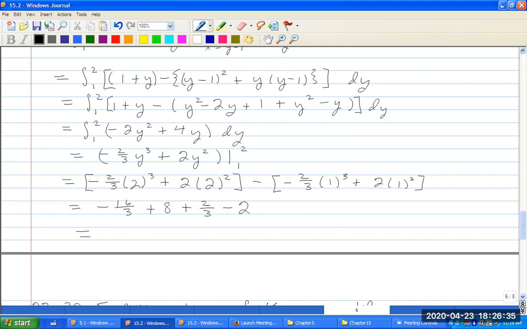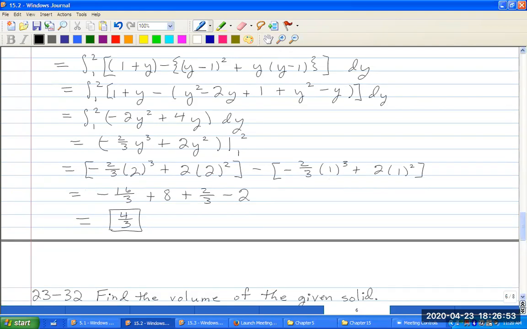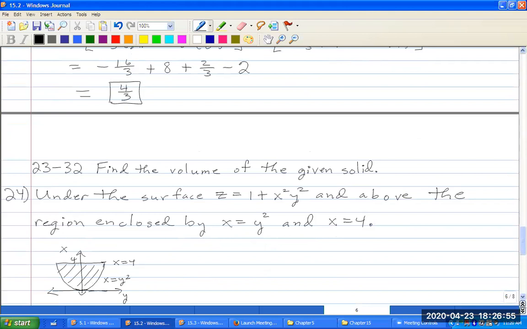So 18/3 minus 14/3 is 4/3. So that's 6, 18, 2, 4. Yes, that is correct. Okay, so we get that is equal to 4/3.